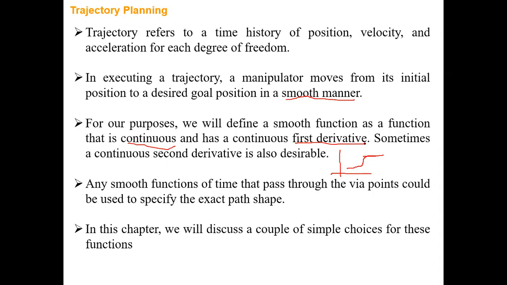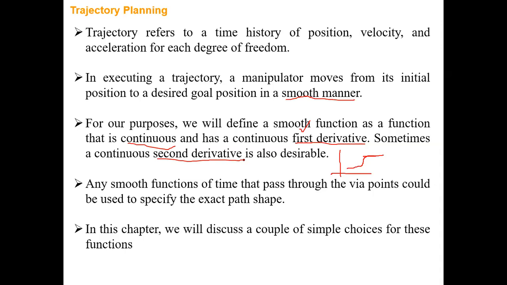Sometimes not only the first derivative, you desire the second derivative also continuous. Mainly the function itself and its first and second derivatives are continuous. In that case, our function is said to be smooth. That's what we mean by a smooth function in mathematicians' language.